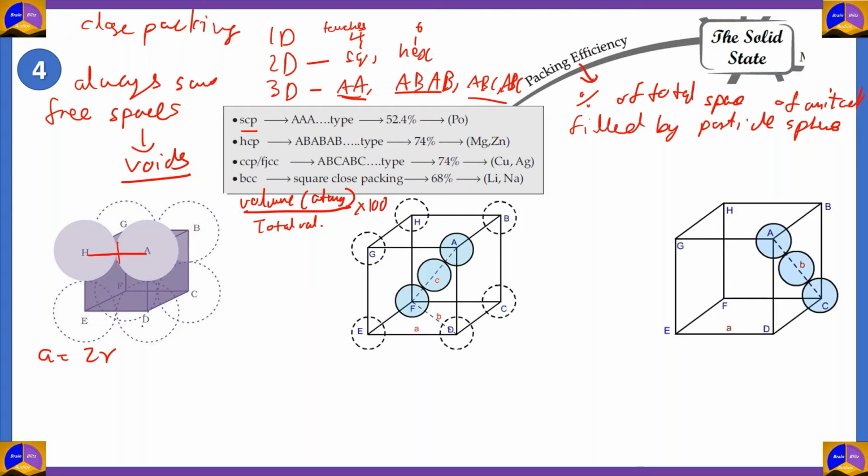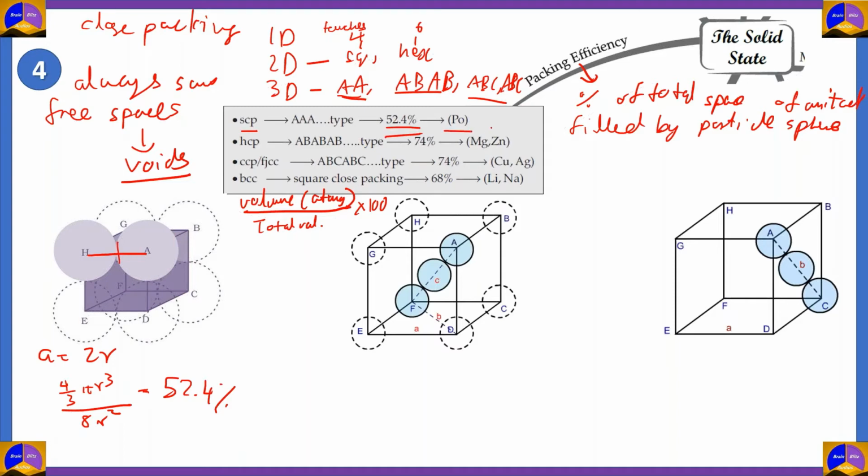So when a is equal to 2r, we get the formula 4 by 3 pi r cubed divided by 8r cubed. Here the volume of atoms refers to the atoms which occupy a unit cell. For a simple cubic, it will be just 1. This is the formula, and the value that it gives is 52.4%.